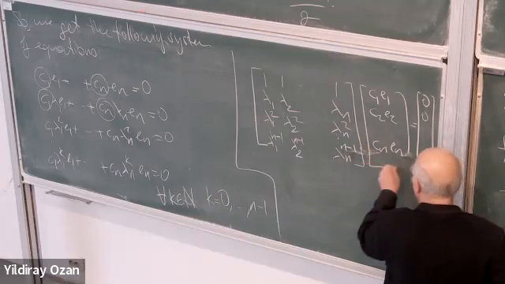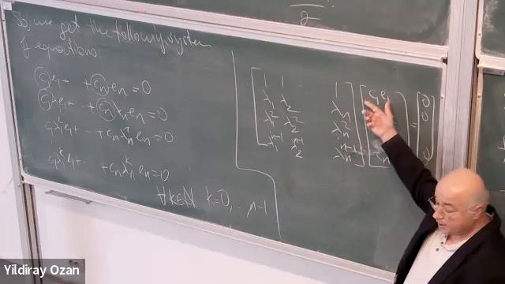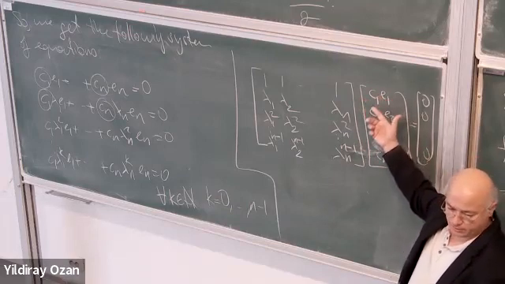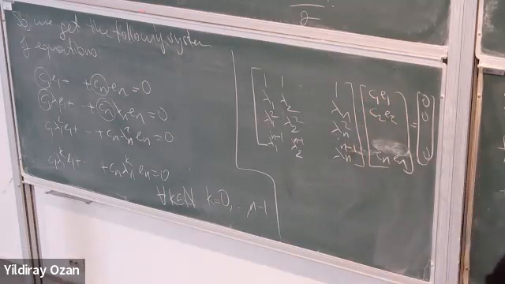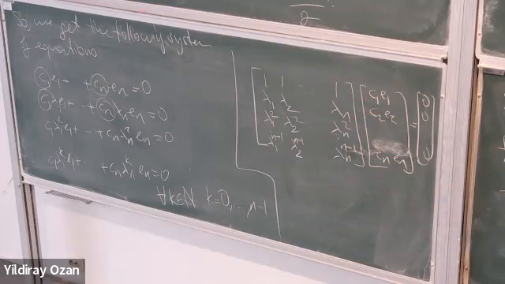This writing is actually a little problematic. Why is that? Because these are numbers. These are not numbers, these are actually vectors. But still I can consider this equation.